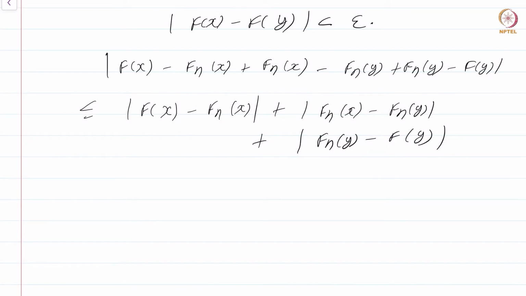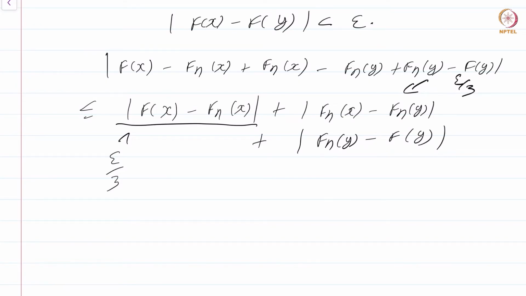Now if you look at these terms carefully and ponder for a few minutes, you might be deluded into thinking that this professor is saying nonsense, and that the limit function f is certainly continuous. Why? Because f(x) - Fn(x) can be made less than epsilon by 3 simply because Fn(x) is converging to f(x). The middle term |Fn(x) - Fn(y)| can be made less than epsilon by 3 by choosing delta appropriately, because the Fn's are continuous.